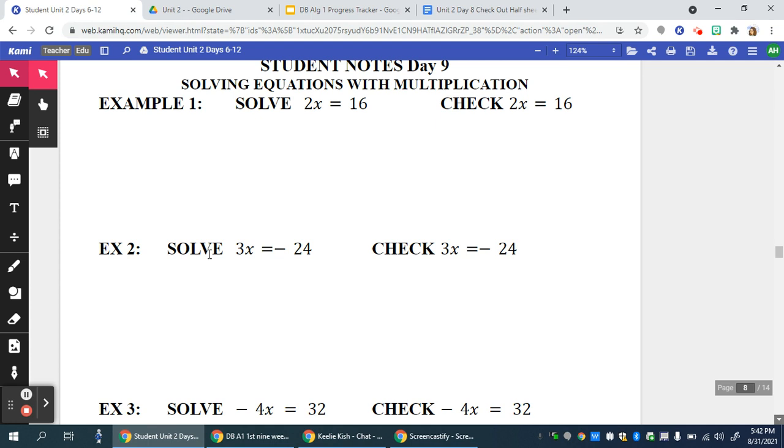We are going to solve for x, just like last class where we were solving with addition and subtraction. Now we're doing multiplication. Just like before, we do the inverse operation.